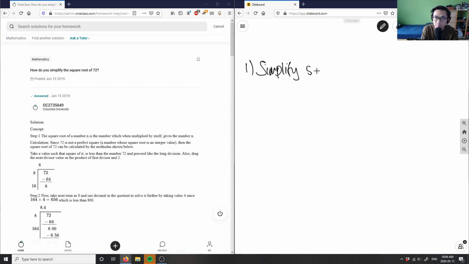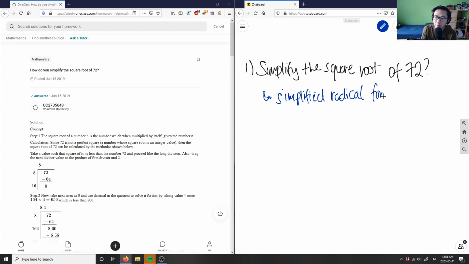You have two ways to think of this problem. You can think of this problem, in blue, as approaching it using simplified radical form, where you're taking the prime factors and breaking down the 72 into an integer, or a whole number, and its square root.